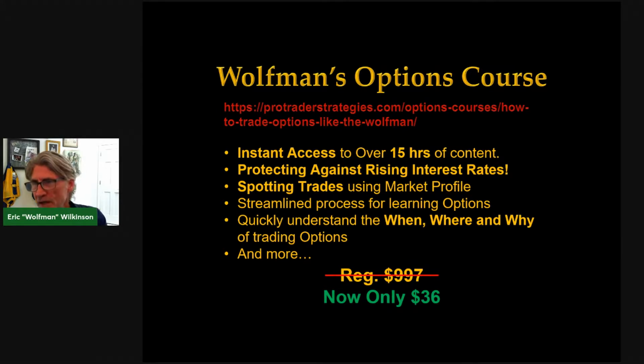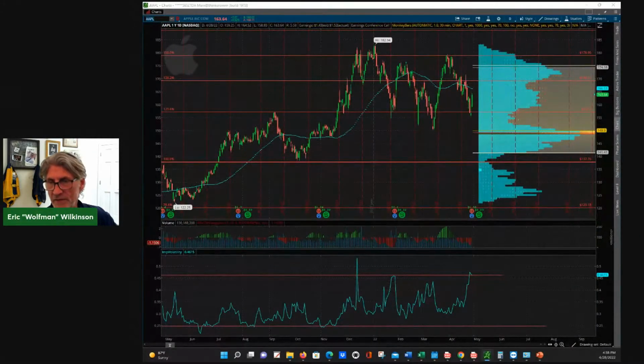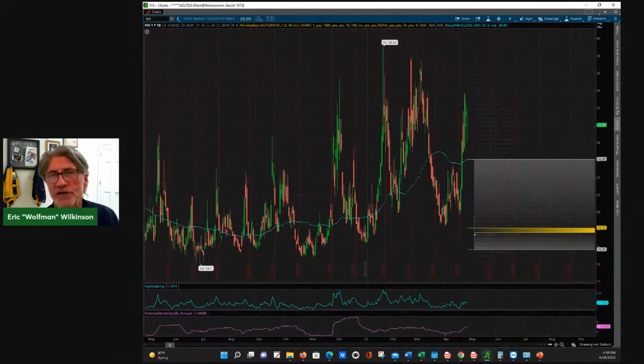Is it my imagination, or have bid-ask spreads widened in the last few weeks? Yes, absolutely, they've widened, and spreads will do that when we see these massive spikes, especially in something like Apple. But the VIX, I told you guys, don't watch the VIX to determine your options.